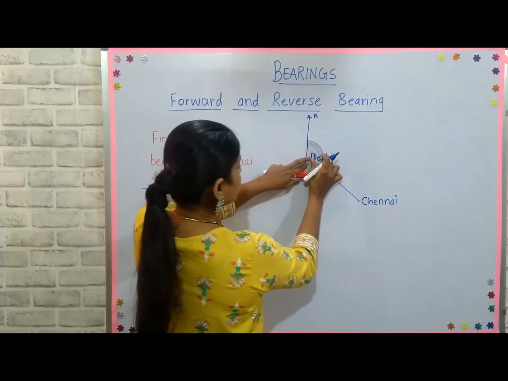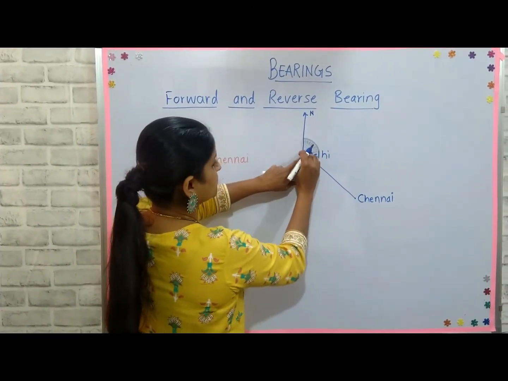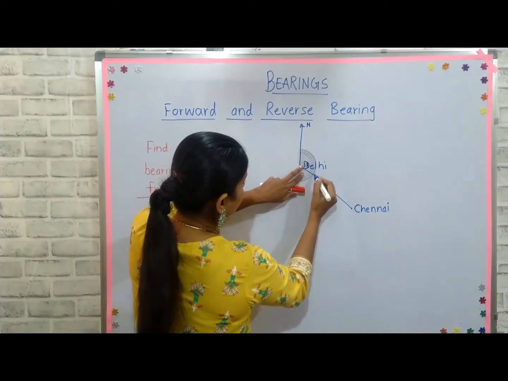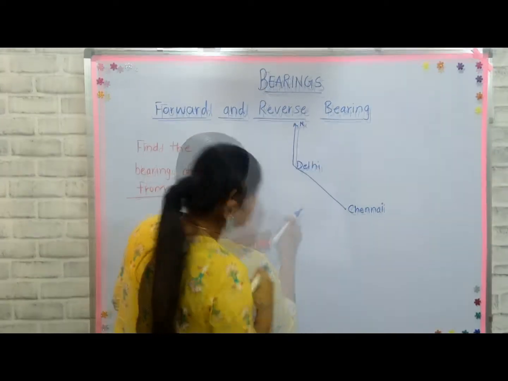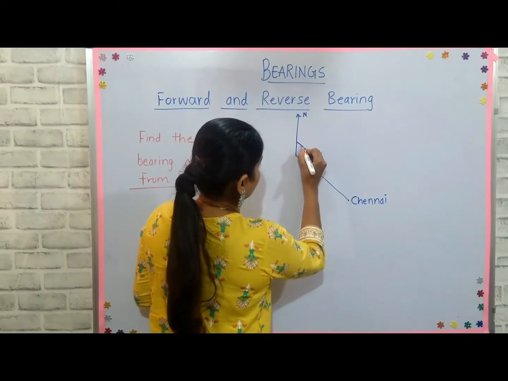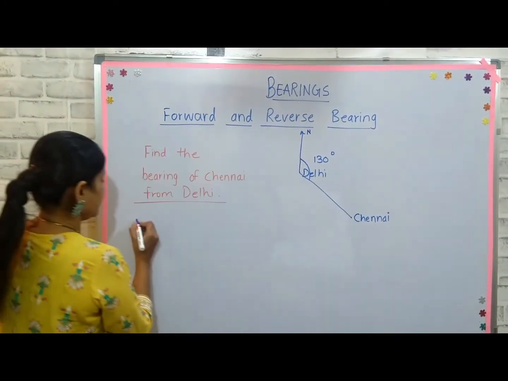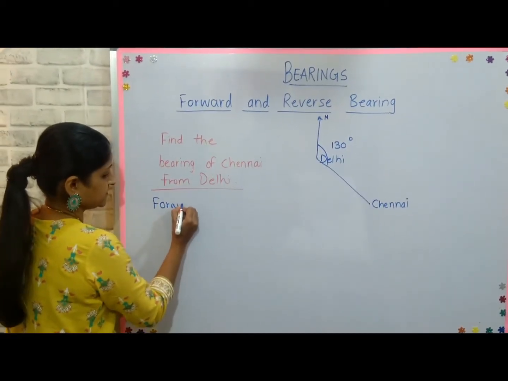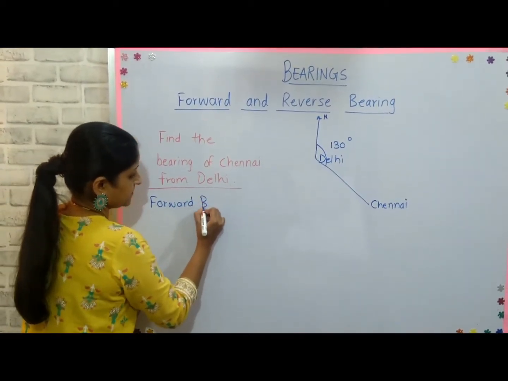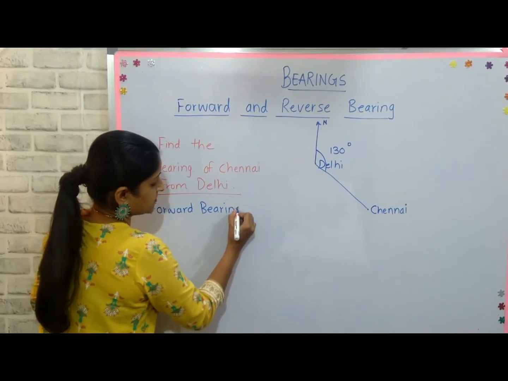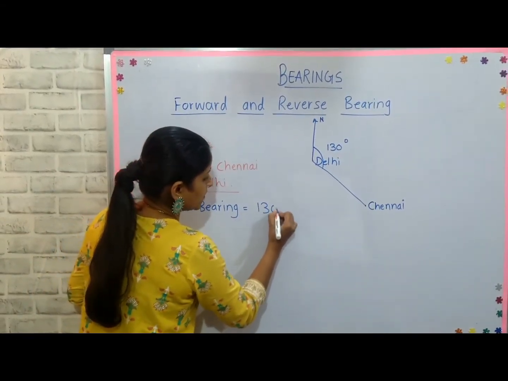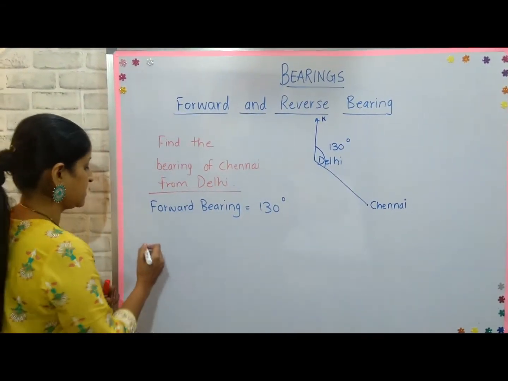Keeping my perpendicular in alignment with the north direction, I measure this angle. So this is my forward bearing, which is equal to 130 degrees.